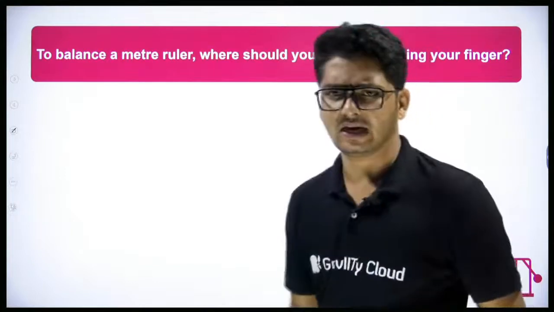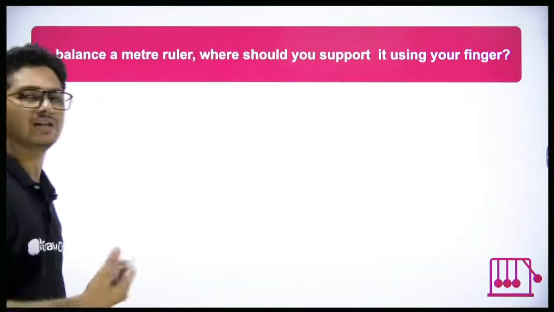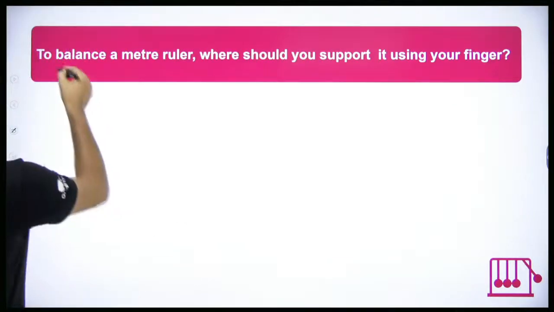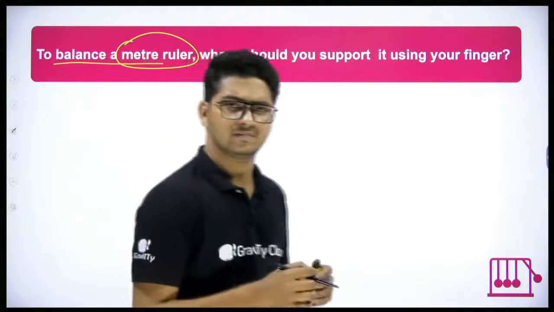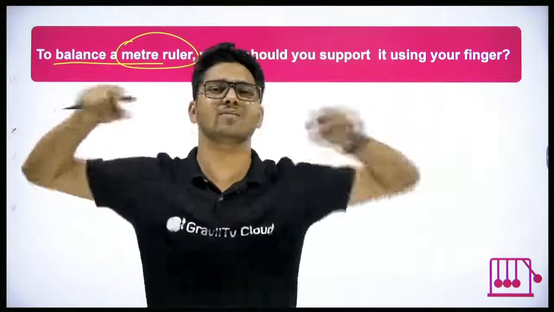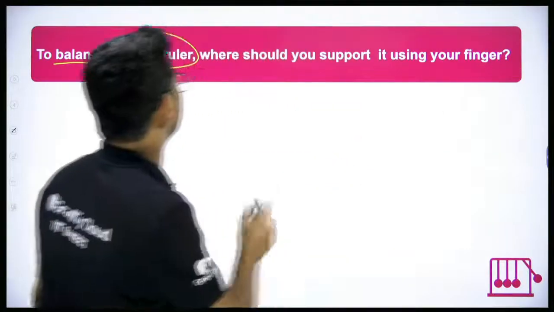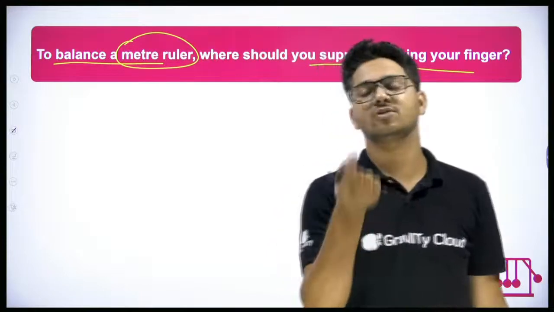Before we go into that, another simple everyday life question. You would have done this many times. To balance a meter ruler, when I say meter ruler, it's a scale, 1 meter long, where should you support it using your finger? Where should you place your finger?